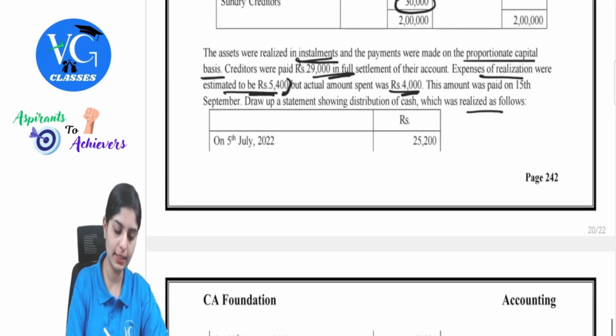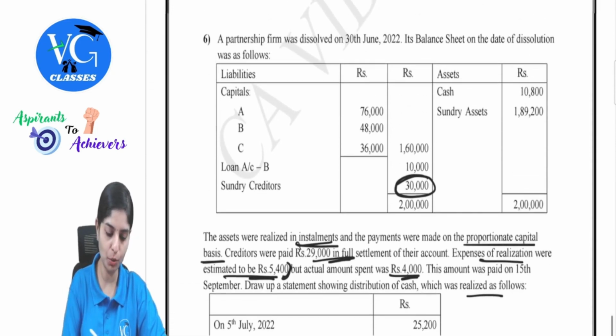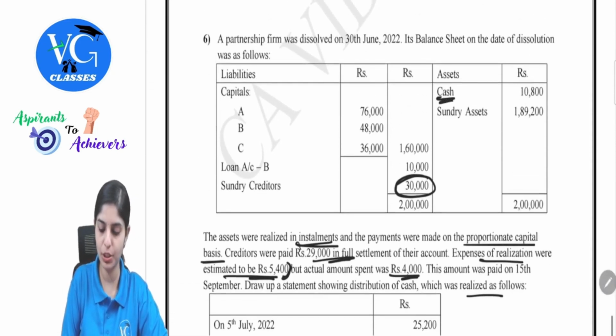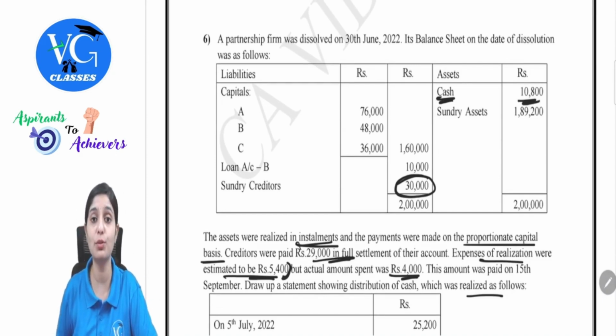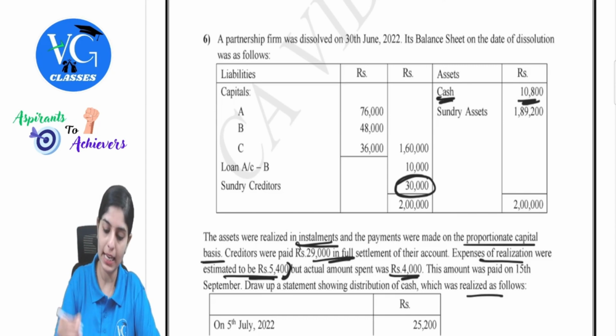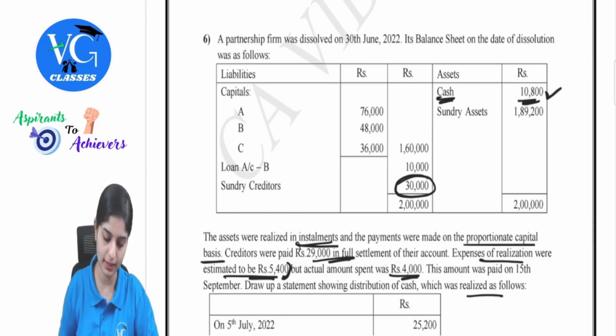If you remember, guys, in the previous question, when we understood maximum possible loss, there was no cash balance available. In this, there is 10,800 cash balance. So we will first take this into consideration and then go with realization of subsequent assets.